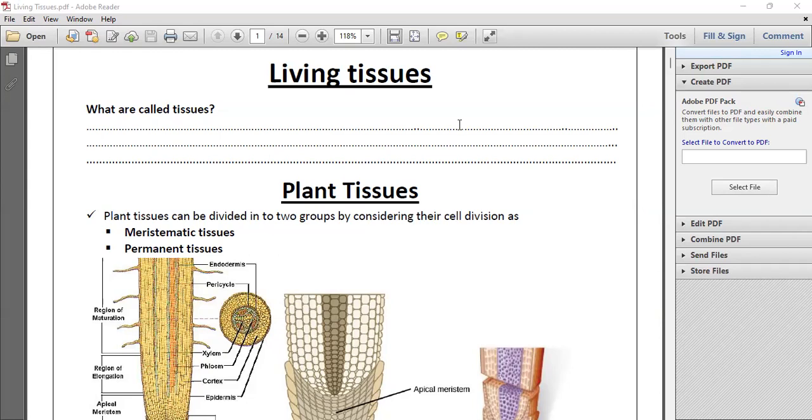The next thing is, when the cells are collected as a cluster, a union, we call it a tissue. Tissues have different functions too. When cardiac cells get together to form a tissue, we call that tissue cardiac tissue. Cardiac tissue is involved in the formation of the heart, right? We know bones are made up of cells. Bone cells get together to form bone tissue, which makes up the bones, the skeletal system in your body.